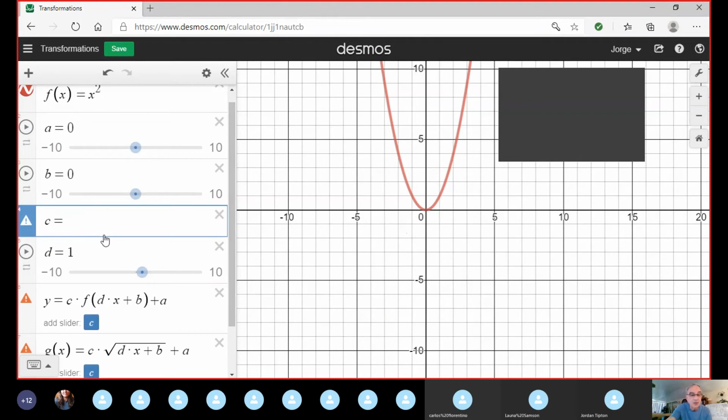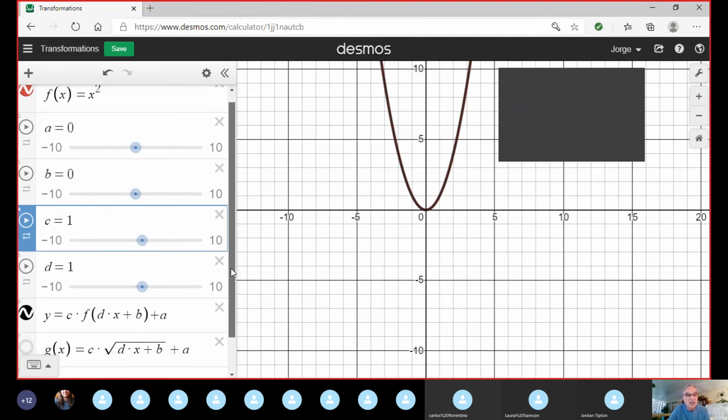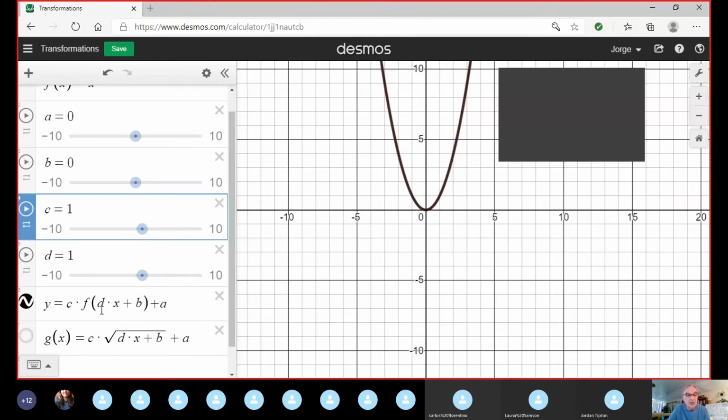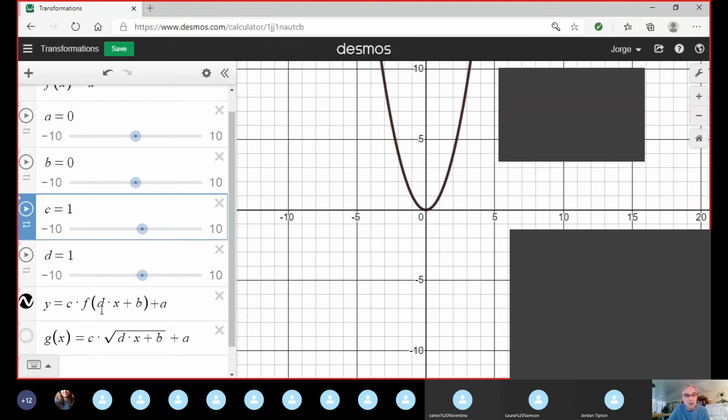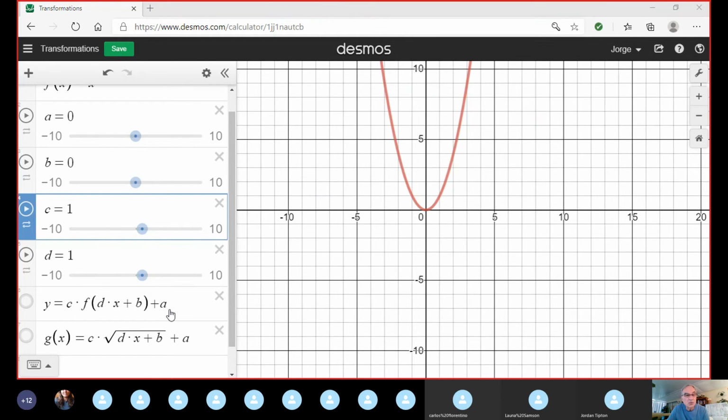This is +1, because the transformation we study now is using d, and d is the multiplier inside the parentheses. So I propose you switch to another function. No parabola anymore.